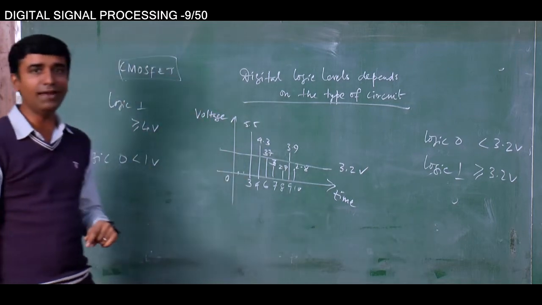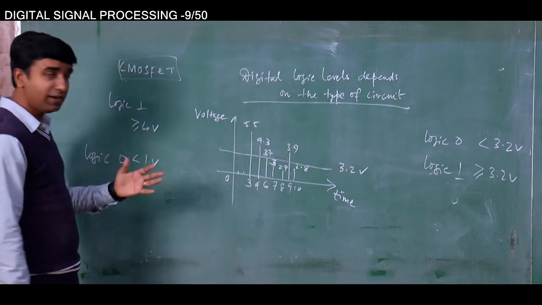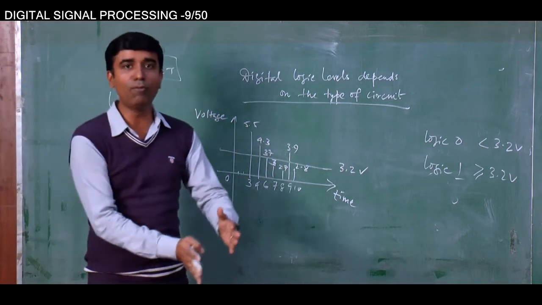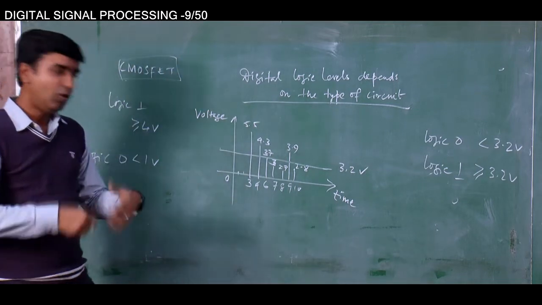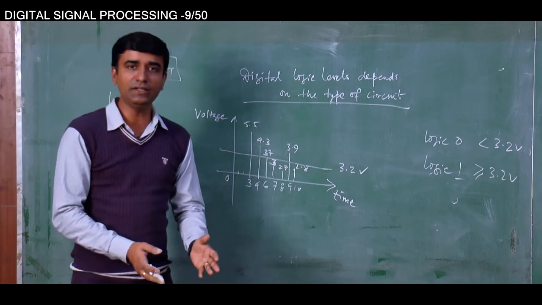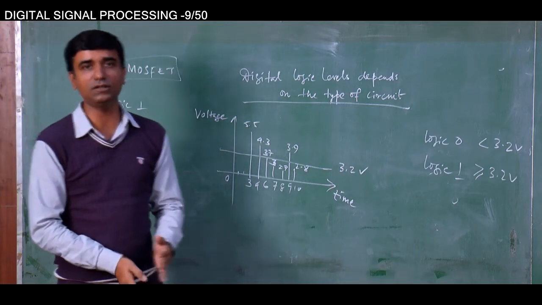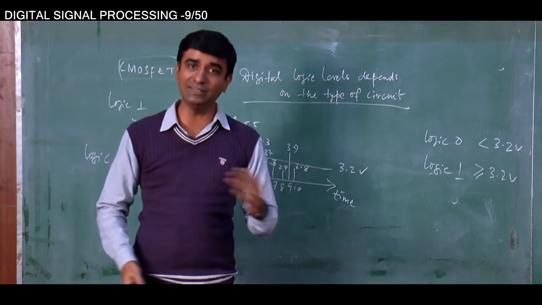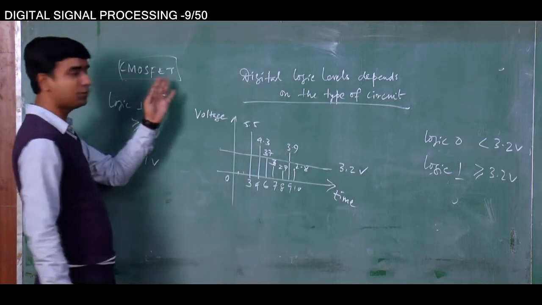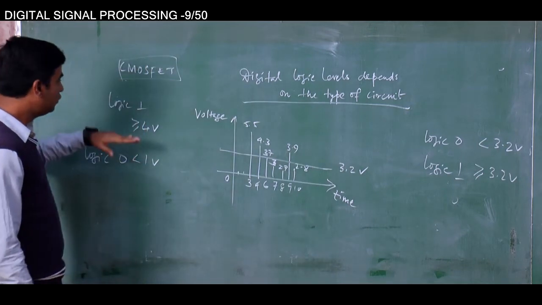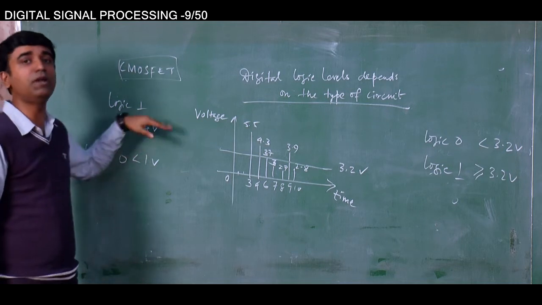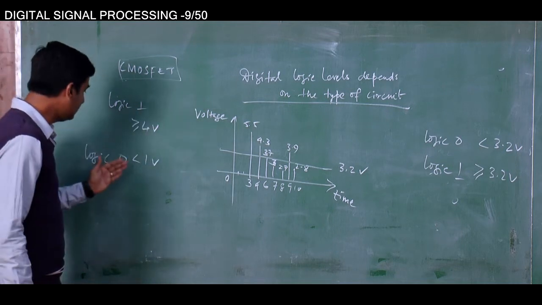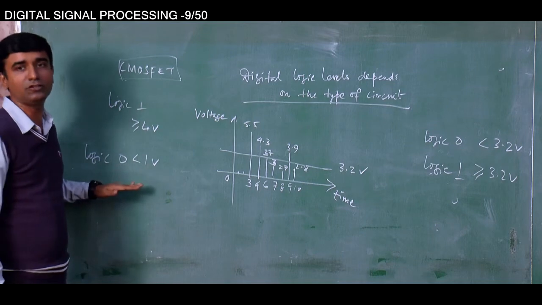Now, out of those 10 lakh transistors, majorly either they are made of MOS logic, or you are using a MOSFET, or you are using a BJT, that is a bipolar junction transistor, that is a separate class of transistor. Considering you are using MOSFETs, then anything greater than 4 volt will be taken as logic 1, anything less than 1 volt will be taken as logic 0.